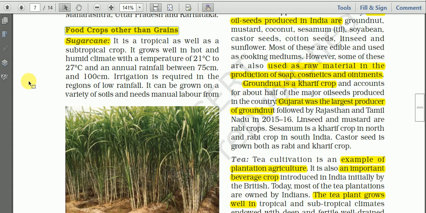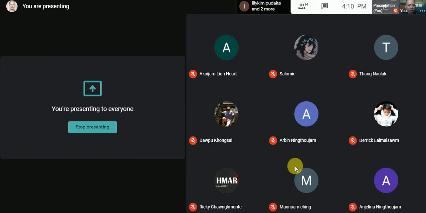The first important food crop other than grains is sugarcane. So let us learn what are the geographical requirements for growing sugarcane and which are the producing states or growing areas.